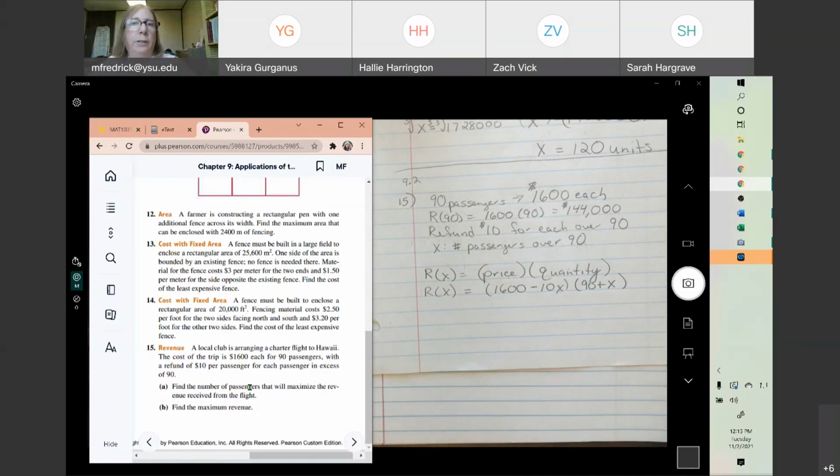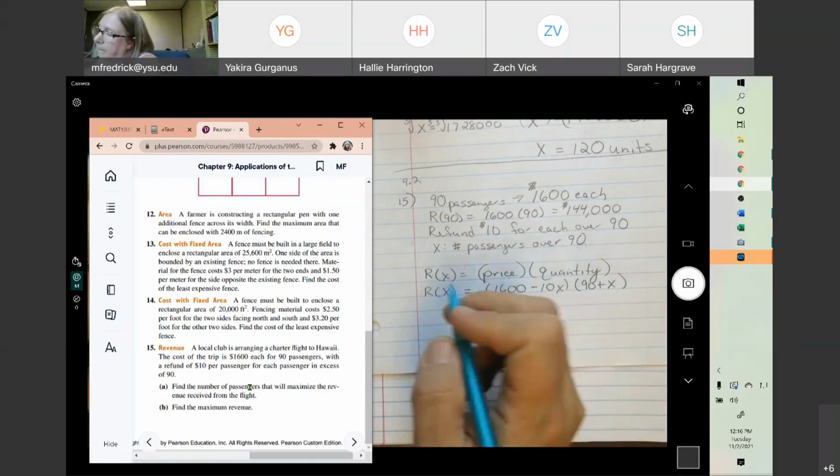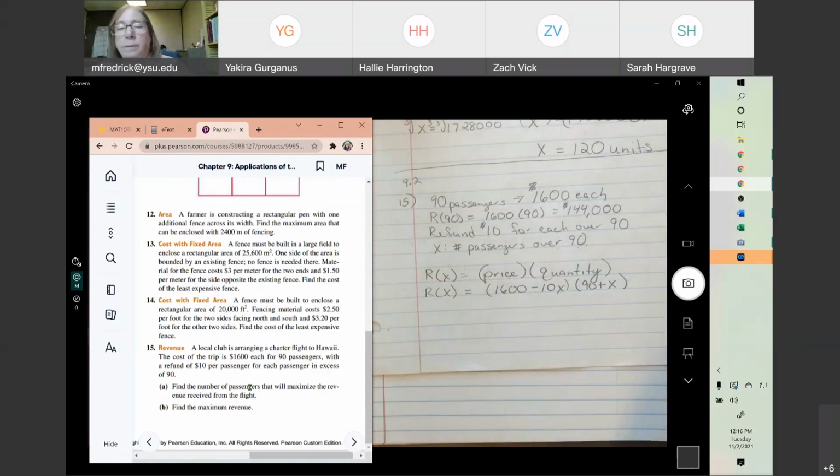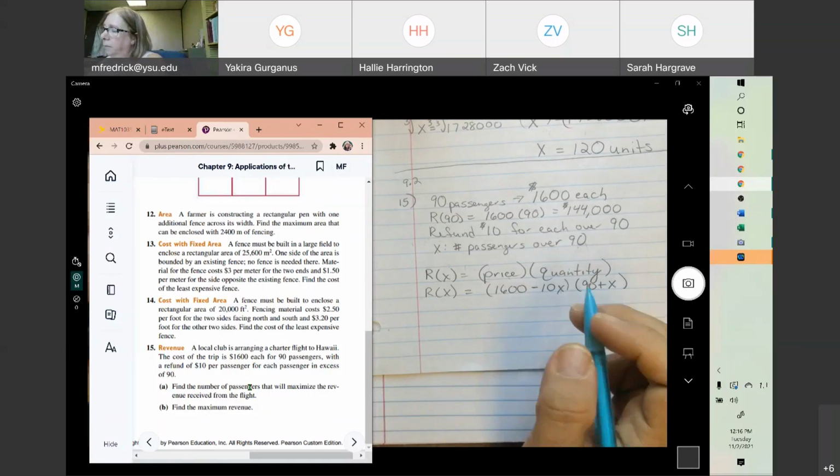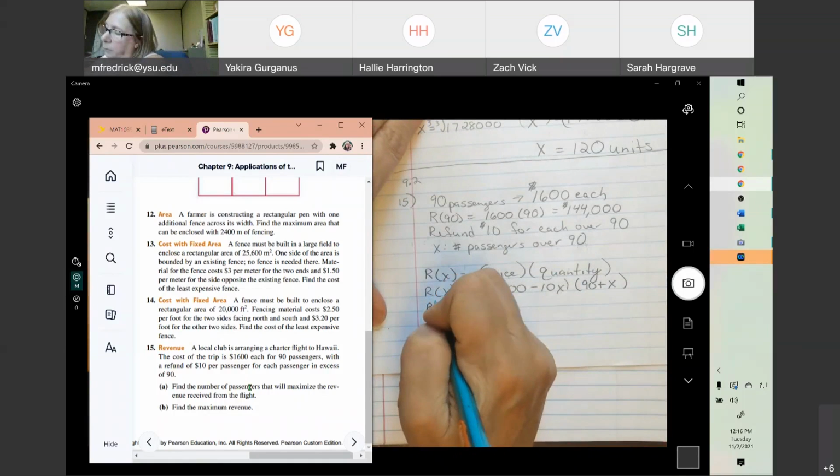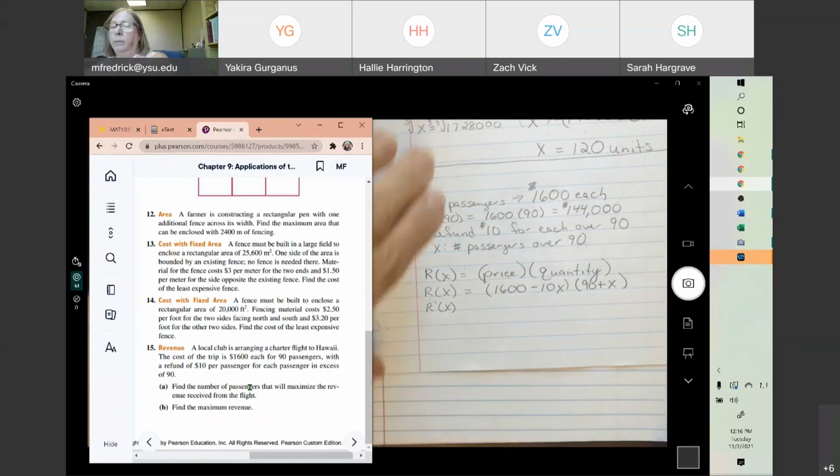Or we could use the product rule, because we need to find the number of passengers that will maximize the revenue, which means we need to find the critical numbers: take the derivative, set it equal to 0.